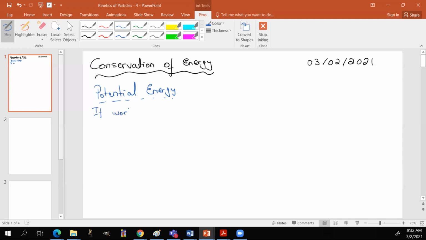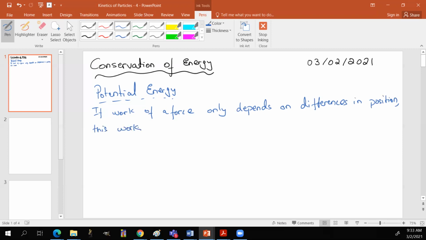If the work of a force only depends on the differences in position, this work can be expressed using the energy term, what we call potential energy.